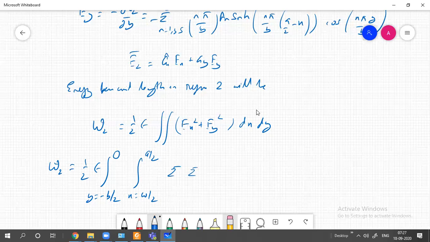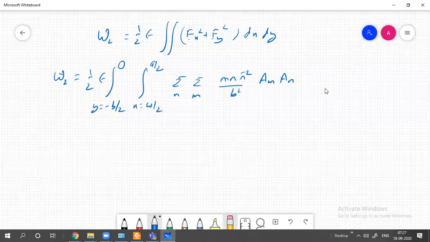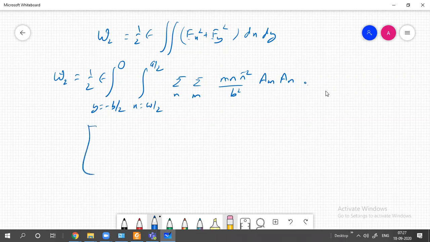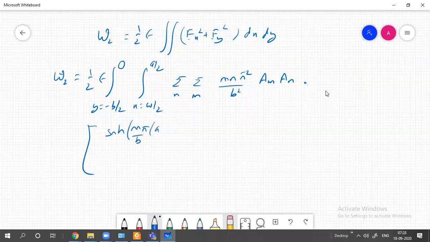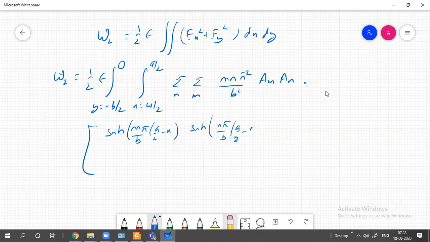Because it is squared, every series has to be multiplied by every series, so we will have m and n: m n pi squared over b squared, a_m a_n, with the double summation, and sinh(m pi by b, a by 2 minus x) sinh(n pi by b, a by 2 minus x).